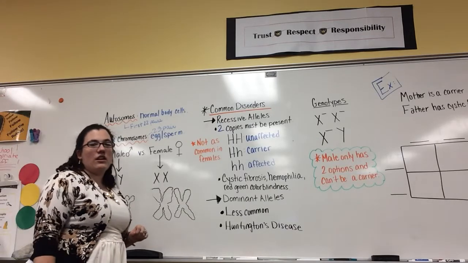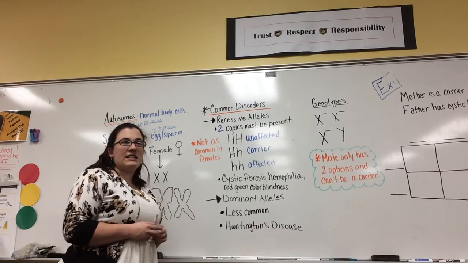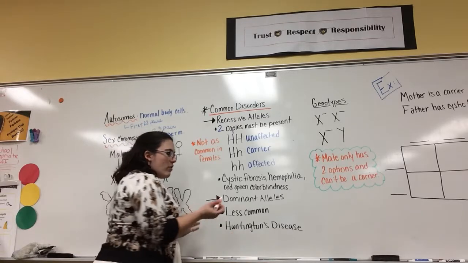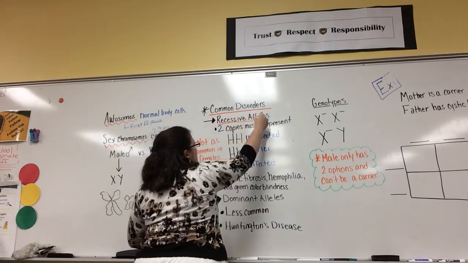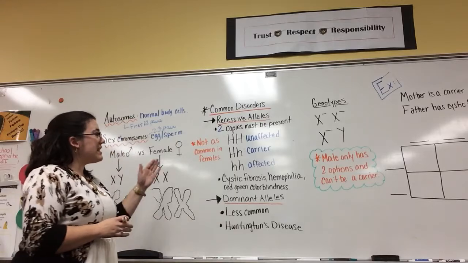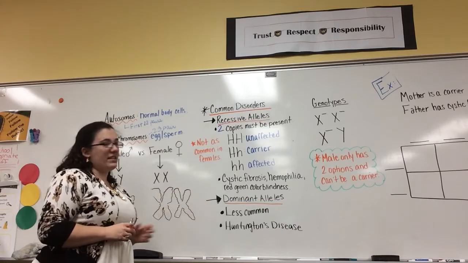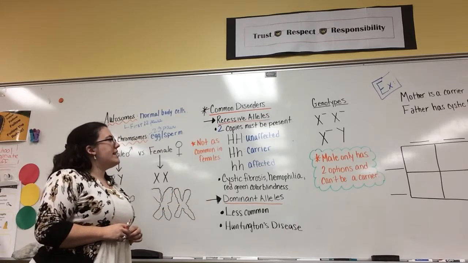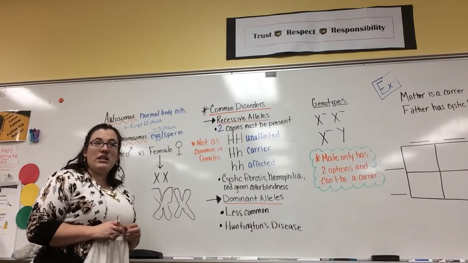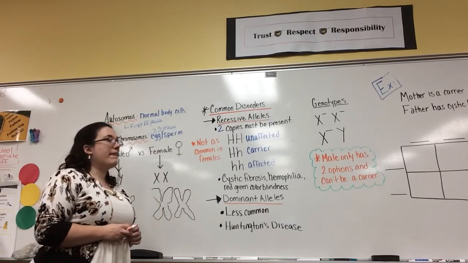Now if we move here next, some common disorders when we talk about X-linked or sex-linked disorders, there are two major types. We talk about recessive, ones that are caused by recessive alleles, or ones that are caused by dominant alleles. Now, the recessive disorders are much more common than these dominant disorders. For these recessive disorders, you need two copies of that recessive allele to be present for that disorder to be expressed.